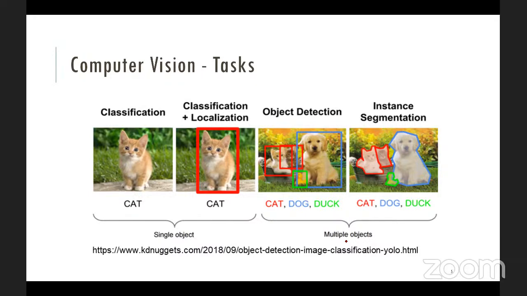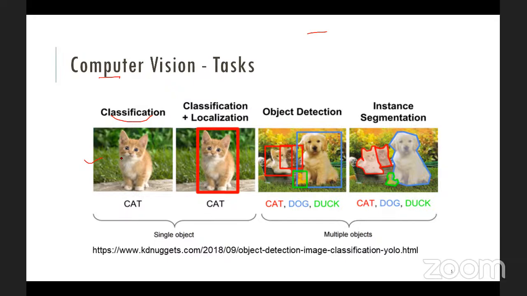So to understand what object detection is and what the complexity in this is, let us start with classification first. Here in the classification task, we have an image, and we want to assign it to one of many different categories.